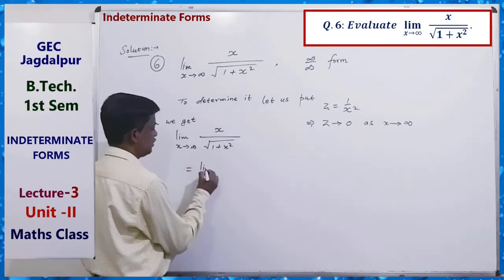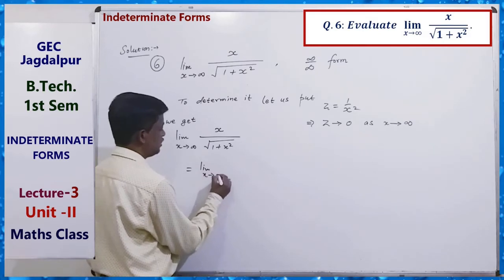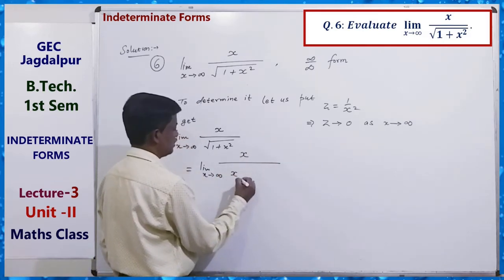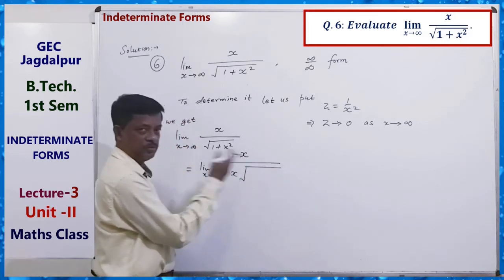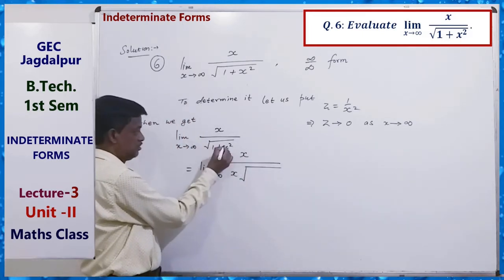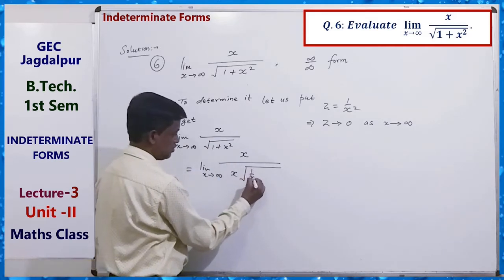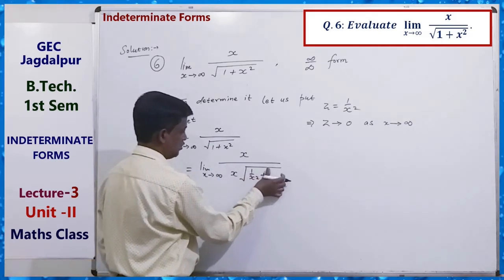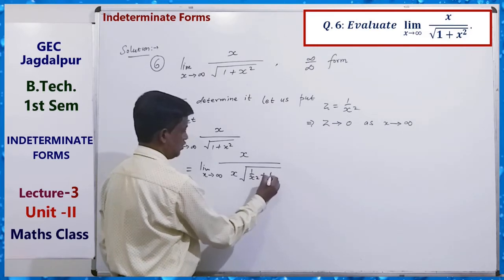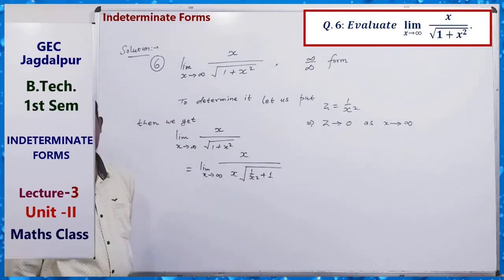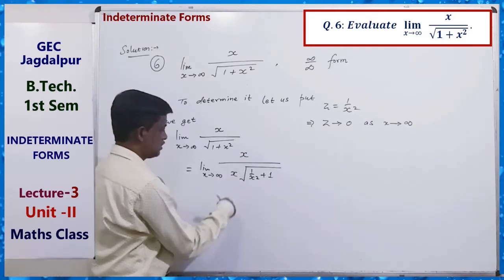Outside the root it will be x, so x cancels.